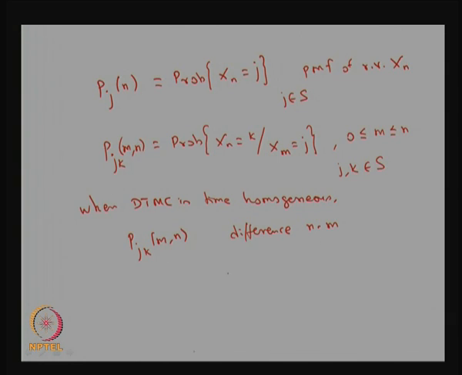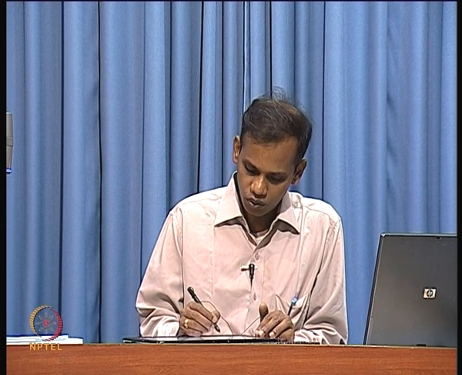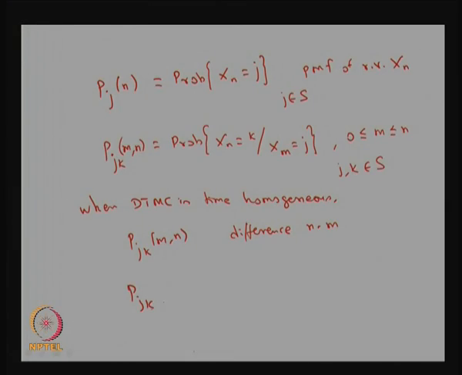In this case, I do not want the two arguments m comma n, I can go for writing p_jk of n, that is nothing but what is the probability that in the m plus nth step the system will be in the state k, given that in the mth step it was in the state j, for all n, and here j comma k belong to S. So, the m does not matter, only the interval length of step n matters.